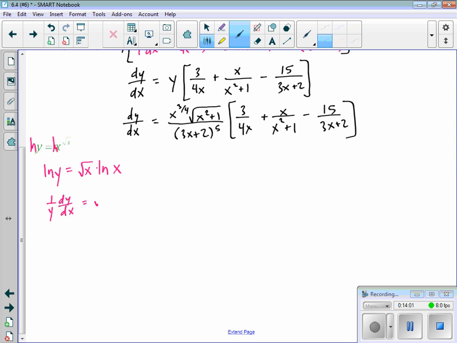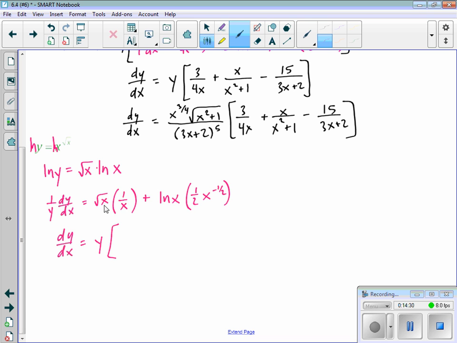So let's leave the square root of x alone. Derivative of natural log x is 1 over x. Now leave the natural log x alone, and the derivative of x to the half is half x to the negative a half, or you can move it to the denominator right away if you want. And then I'm going to multiply by y here. And I'll plug it in the last step just so you can see what I did.